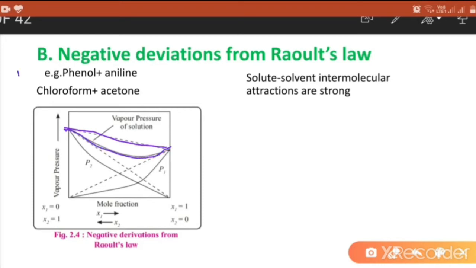The examples: phenol and aniline, chloroform and acetone. The negative deviations occur due to intermolecular attractions when they are strong between the solute and solvent. If the solute and solvent intermolecular interactions are strong, negative deviations occur from Raoult's law.